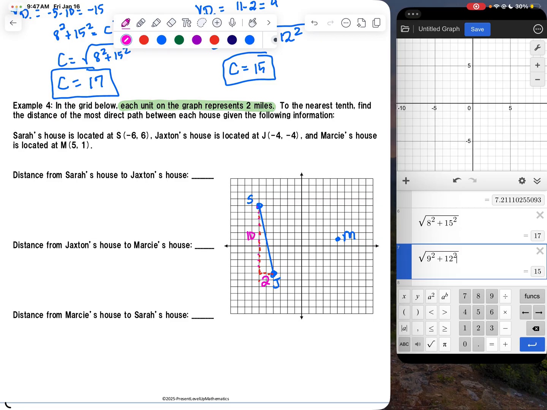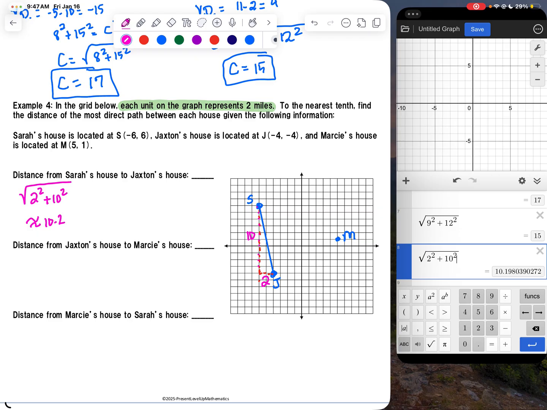10 units. So the distance from Sarah's house to Jackson's house would be the square root of 2 squared plus 10 squared, which is approximately 10.2.